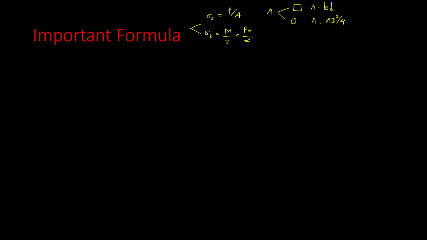And this Z, we have to study properly now. For calculating this Z, we have to understand what is Z and then what is I also, that is moment of inertia. The first point that we will start with is Z, which is called section modulus. Now what is section modulus?